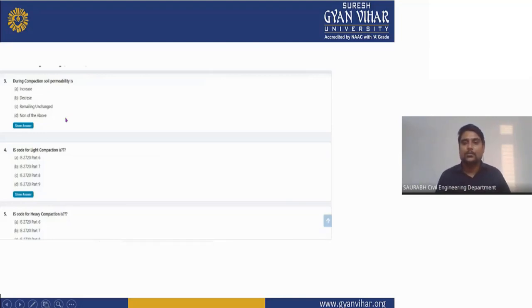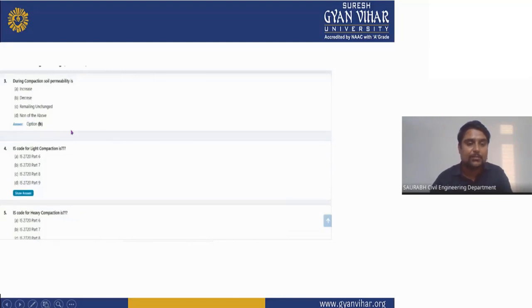If you do very good compaction of your soil, there will be almost no permeability. So your right answer will be: during the compaction of soil, permeability decreases. It will decrease. Your right answer will be B.